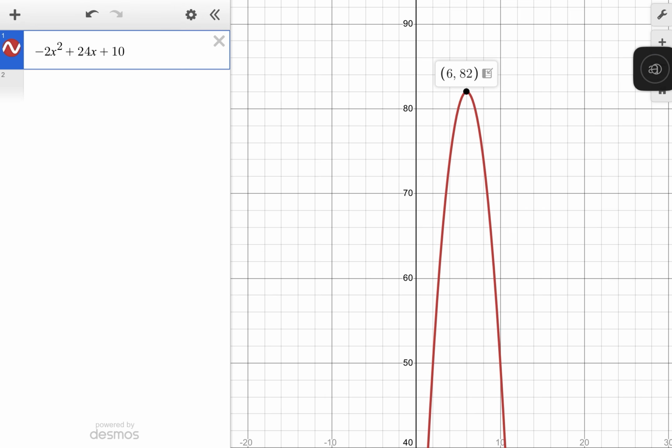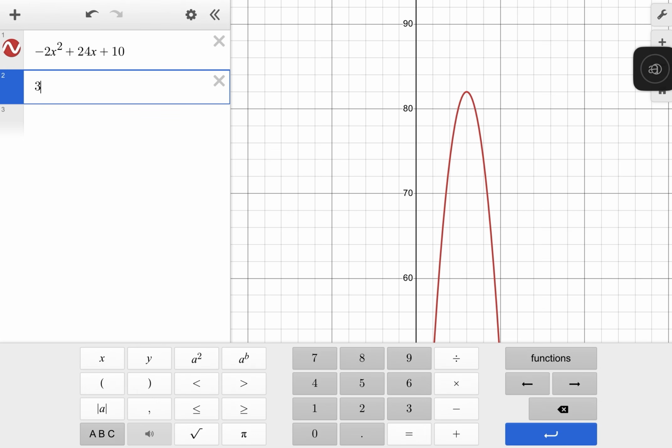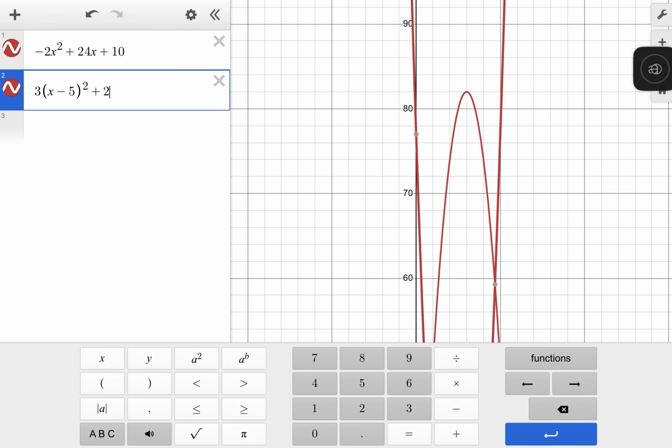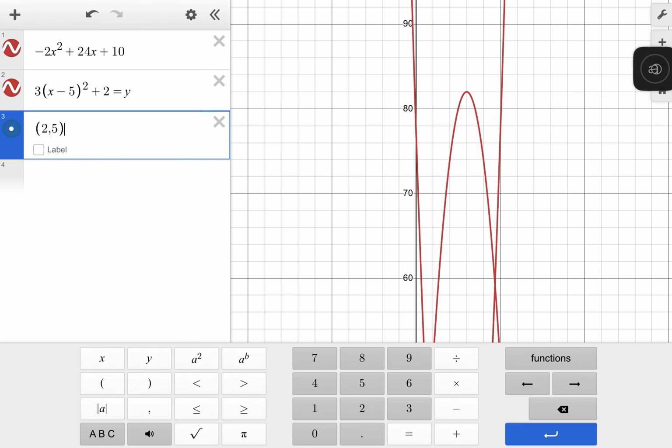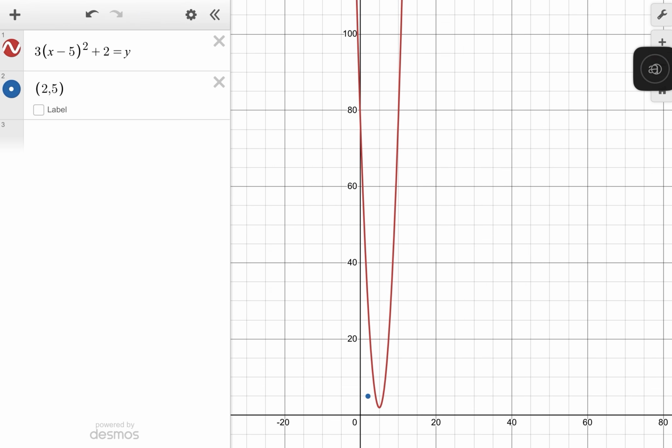Now, you do not use this method when the question already gives you a point. So, for example, let's say that they give me, and just pretend like this graphing part of Desmos is not here, let's say they give you this equation, and they literally tell you in the problem that the min is at 5 comma 2.